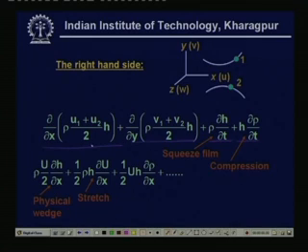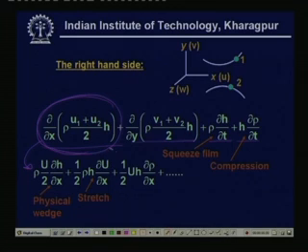Now, if we consider this expression and take the partial derivative only for this particular part, we will get an expression of this sort, and this plus dots means all other terms are present over here.